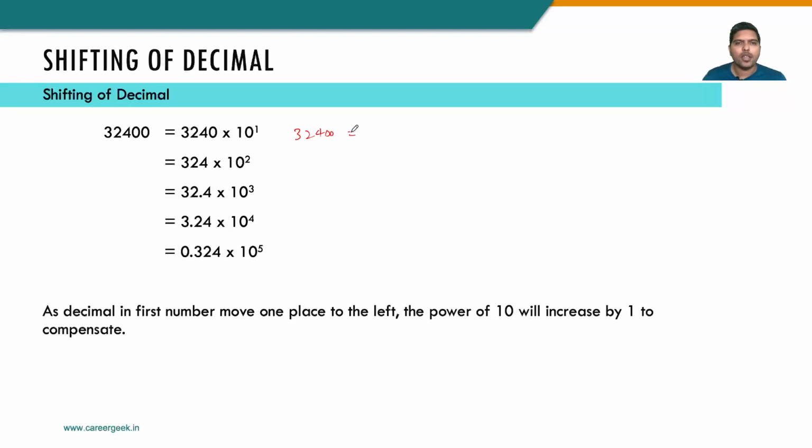32400. So if I have to introduce one decimal over here, what I'll do, I'll multiply by 10 power of that decimal. Okay, because 3240.0 is nothing but 3240. Okay, because 0 will not have any value after the decimal. Or if I want to introduce decimal in 2 places to the given original number, right?